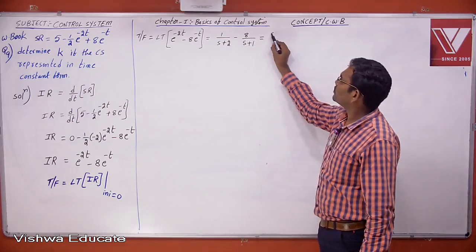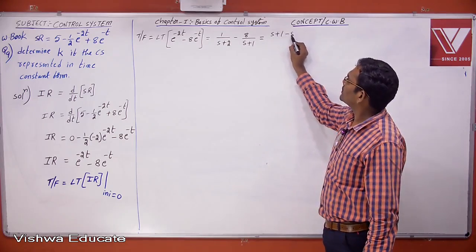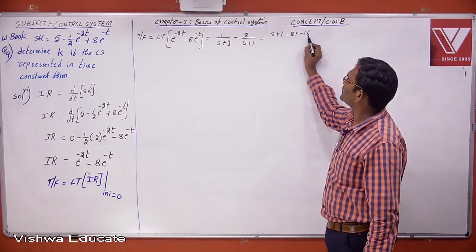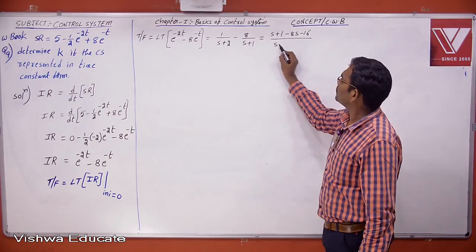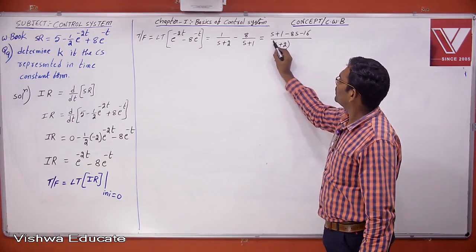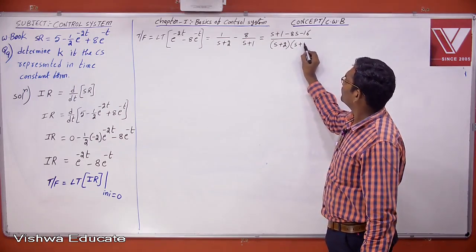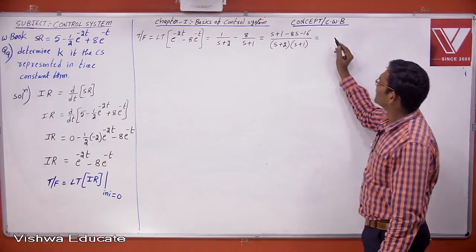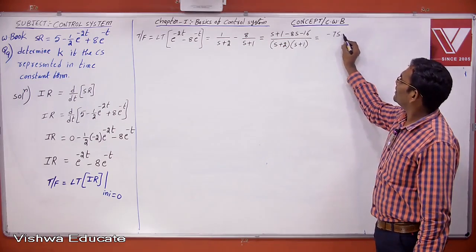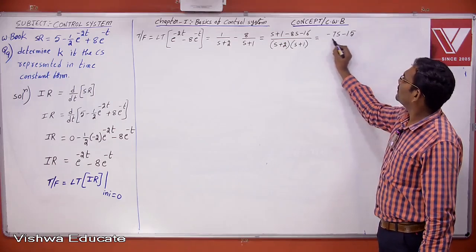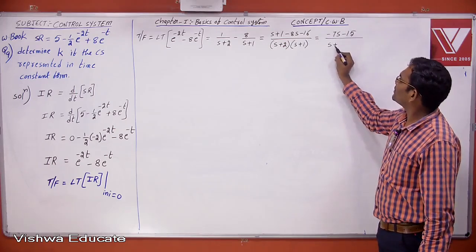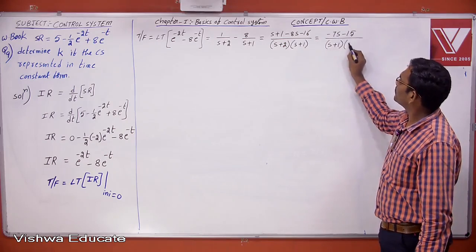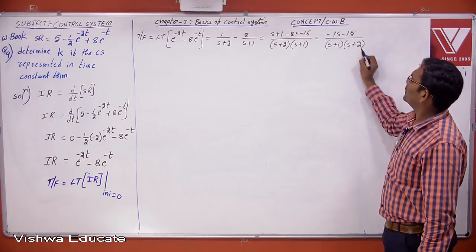Therefore, s plus 1 minus 8s minus 16 by s plus 2 into s plus 1. Therefore, minus 7s minus 15 by s plus 1 into s plus 2. This is the transfer function.